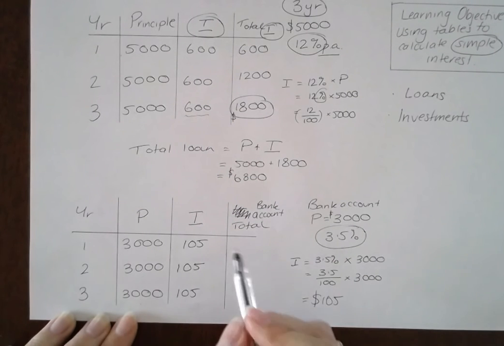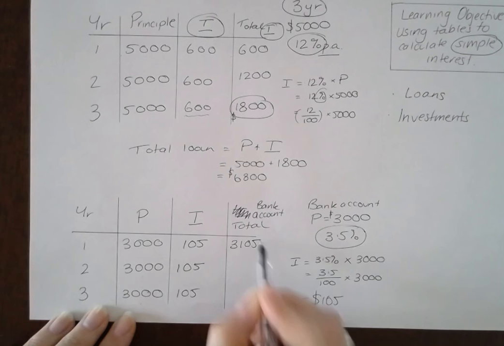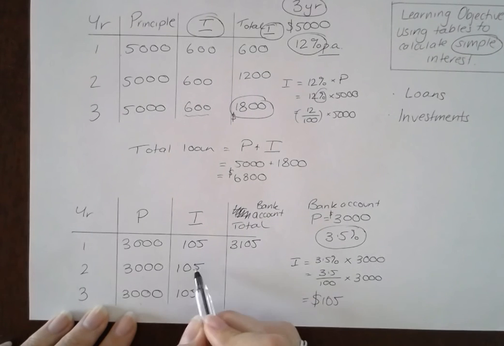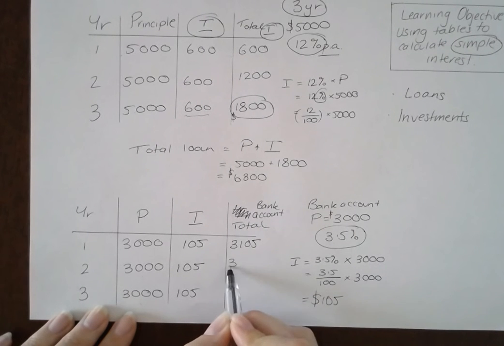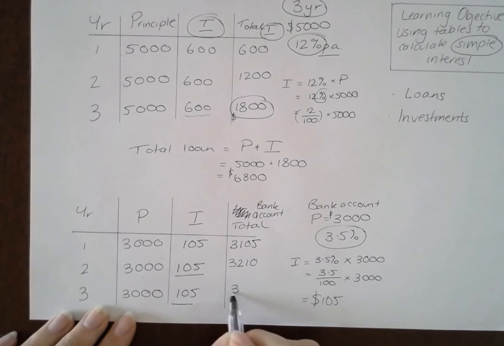So this time our bank account will have $3,105 in it. Then when we add some more, we're going to have $3,210 because we've added in that extra interest. If we keep adding in our interest, we're going to have 3,315.